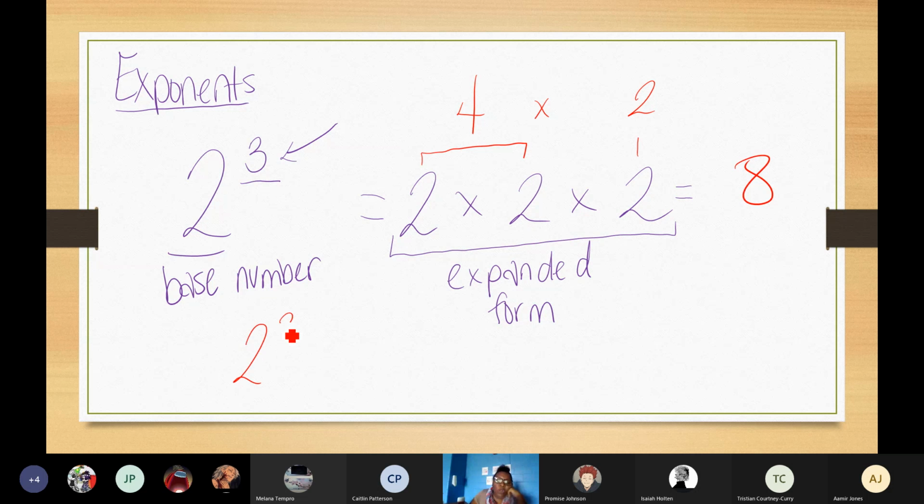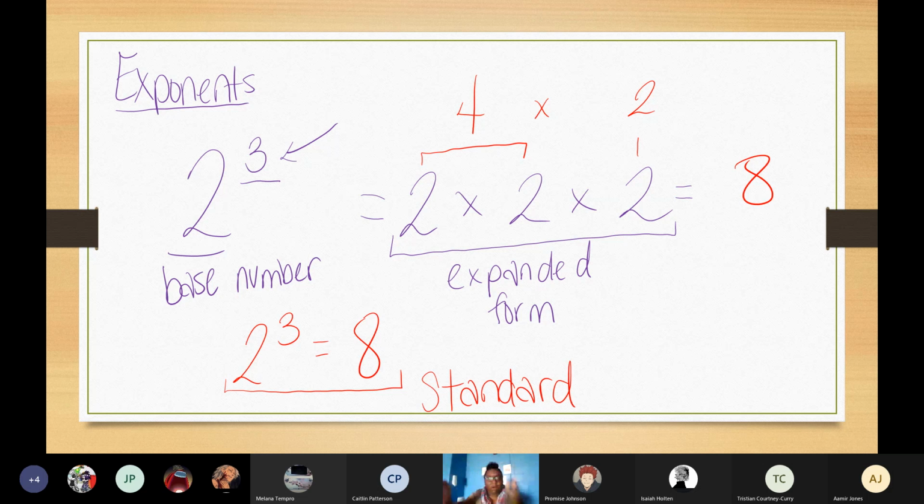So this, 2 to the third power, is called standard form. Basically, when you just solve the exponent expression, when you solve 2 to the third power, you're writing the answer, and this is called standard form.